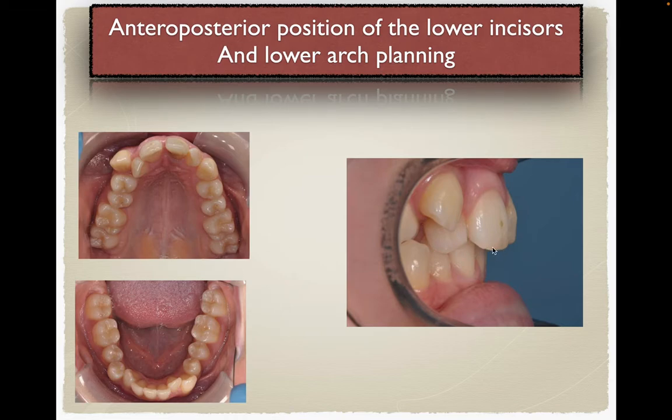If the overjet is 5 millimeter and we decide to plan the upper arch, we need space to reduce this overjet by moving these upper incisors posteriorly by 3 millimeter, which requires 6 millimeter of space in the arch. While if we decide to plan the lower arch first, because we build the upper arch on the lower arch, you start the plan and say, okay, this is a mild crowding, I'm going to go for a non-extraction treatment.